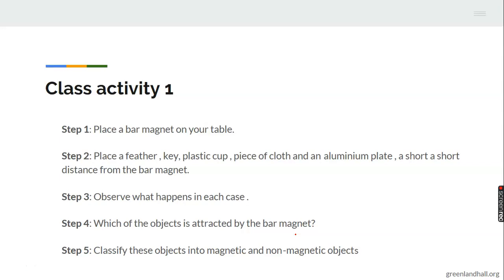List them. Then step 5 says classify these objects into magnetic and non-magnetic. Definitely those that got attracted to the bar magnet will be magnetic objects. That means they can be attracted to magnets. While the ones the magnet doesn't have any effect on, you classify under non-magnetic objects.